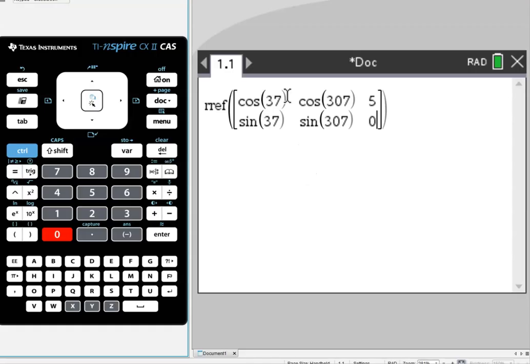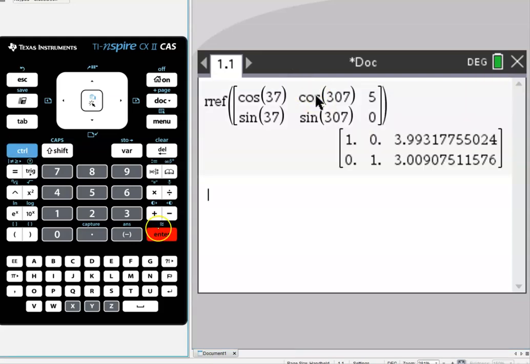This looks pretty good. I do want to switch my calculator back to degrees though, because I'm supplying degrees inside my trig functions, and I do want the decimal results, so I'll press Control Enter here. Okay, so with Control Enter, we do see the reduced row echelon form as a result. So that implies that A is equal to 3.9932 and B is equal to 3.0091.